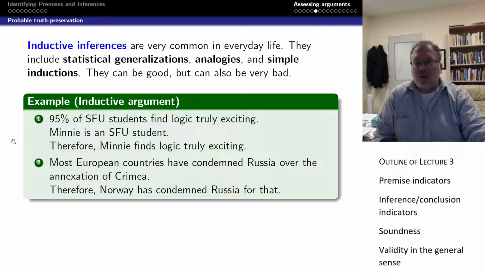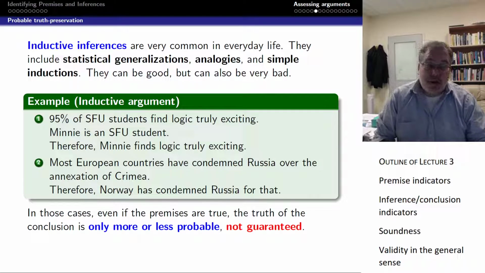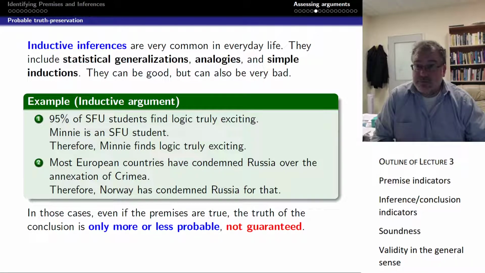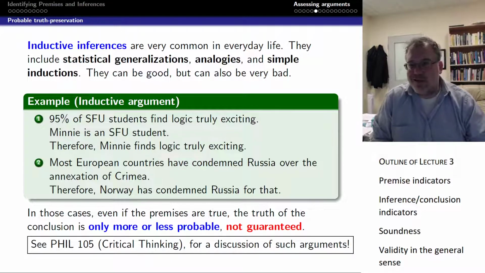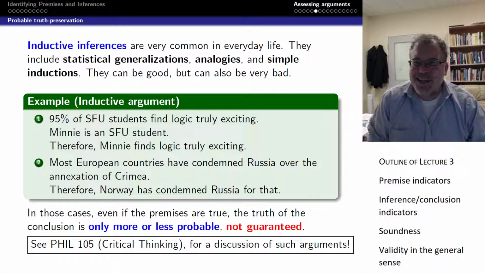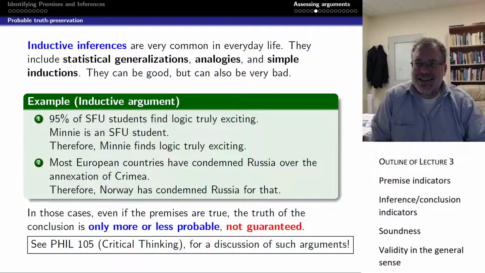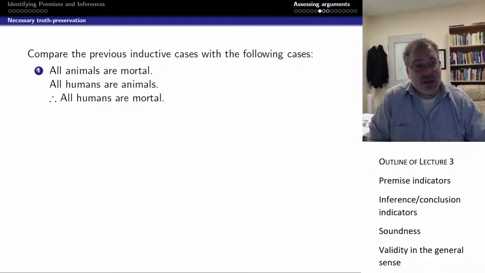Right? So those are inductive arguments. They are very important. They are very useful in practice. But this is not what this course is about. If you want to learn more about inductive arguments, there's a course, Philosophy 105, that you can take, and you will be talking about that extensively. For this course, we really want to focus on the deductive arguments.